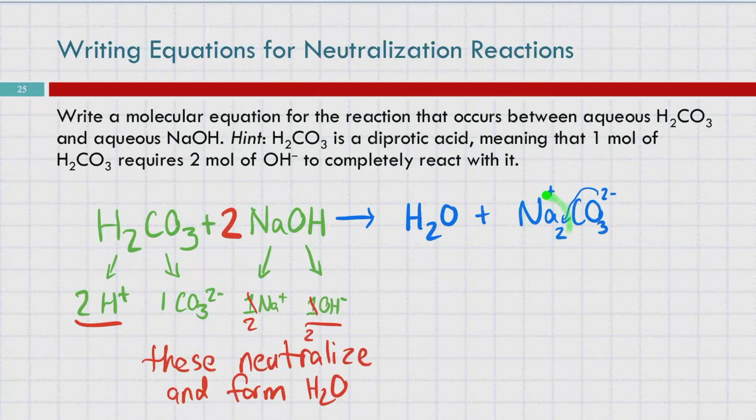When we go to balance those, the 2 Nas on the product side will match up with the 2 that we put here earlier. You can also get this 2 that way. And since we've got 2 H's, 2 OH's, that means we'll also need 2 H2O's. Sorry if that was confusing.